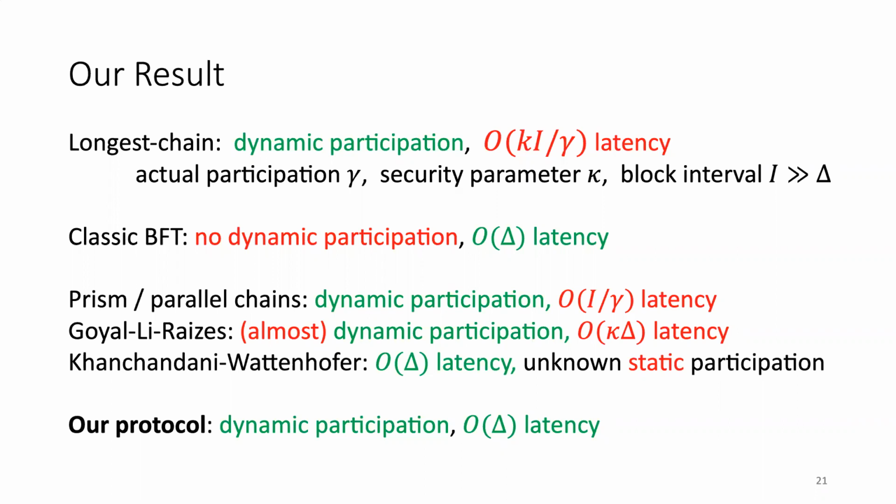Can you define gamma? The number between 0 and 1? Gamma is the number between 0 and 1. I would define it as the actual number of participants divided by the number of participants you expect to show up when you calculate some difficulty. How do you measure the denominator in Bitcoin?